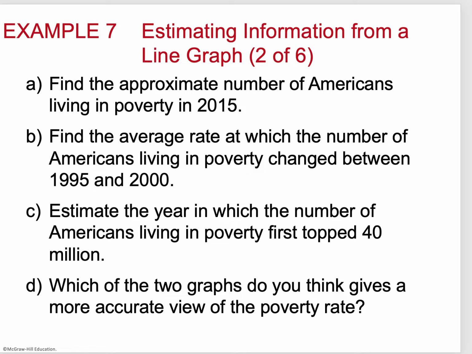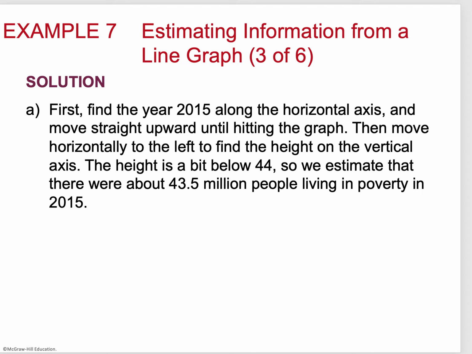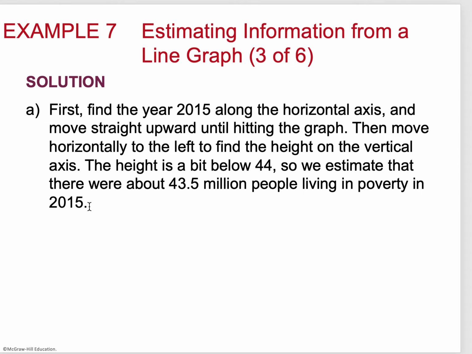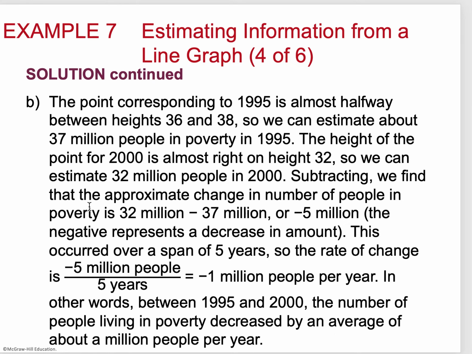If I want to find the approximate number of Americans living in poverty during that time, I'm going to find the year 2015 on the horizontal axis and go straight up until I hit the graph. So 2015, straight up till I hit the graph, and that's going to be roughly 43.5 million.